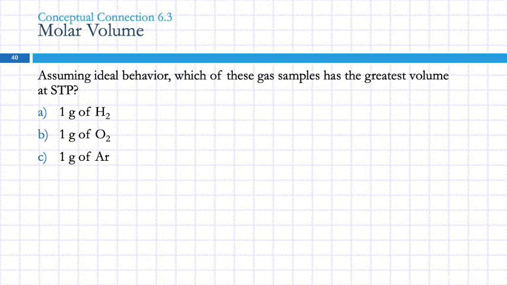So this is like that test question that everybody loves to hate on the previous exam about how many particles in the 10 grams. Which one has the most particles? Which of these gas samples has the greatest volume at STP? A gram of hydrogen, a gram of oxygen, or a gram of argon?